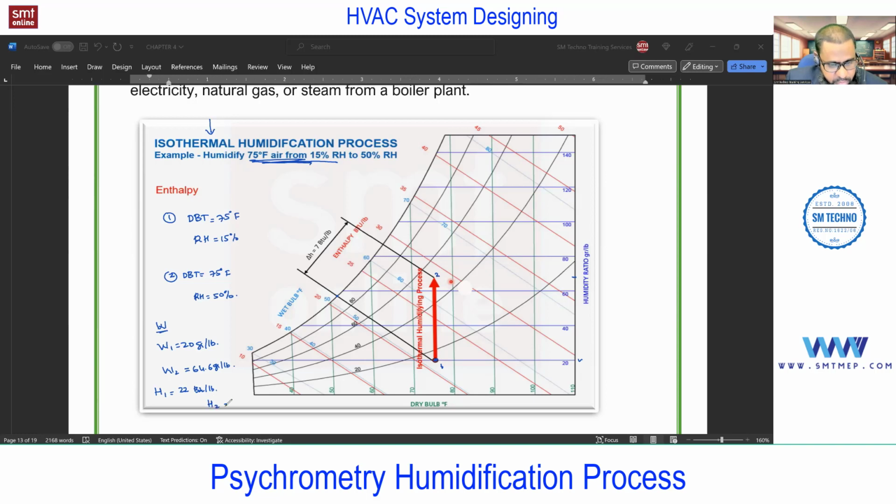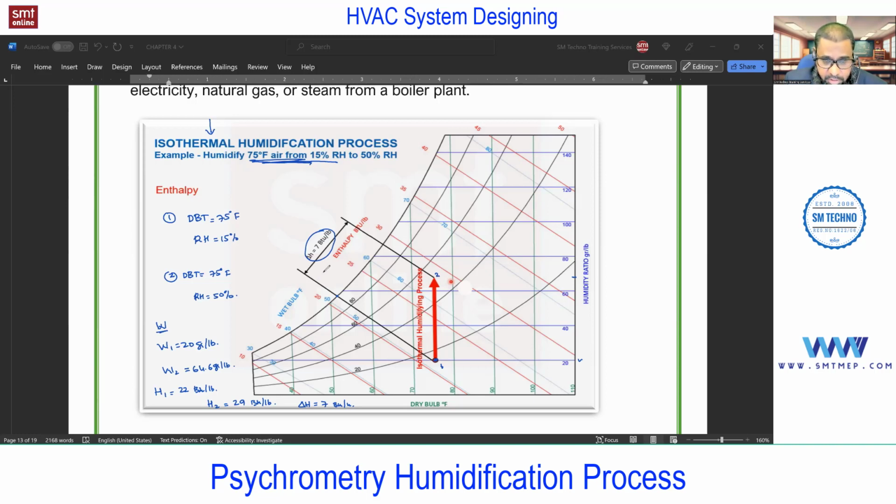Then H2 is this point, and when I check, I'm getting 29 BTU per pound. Therefore, delta H is 7. It means that by adding 7 BTU per pound, one can increase the RH without increasing the temperature.